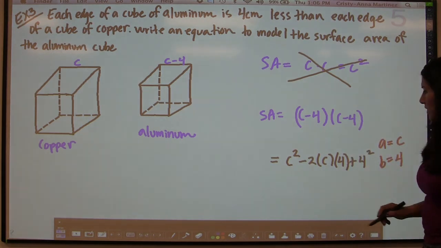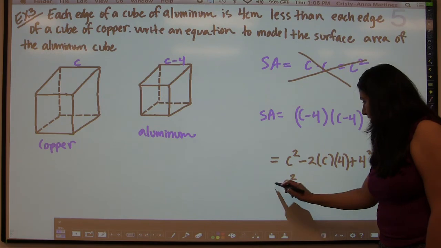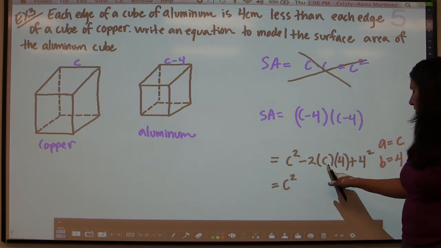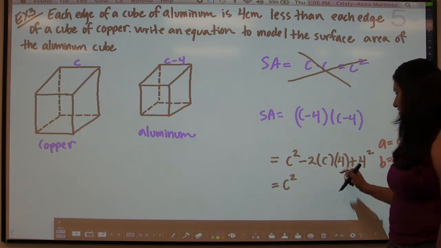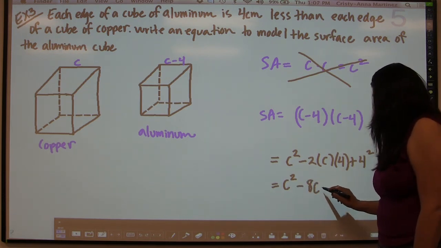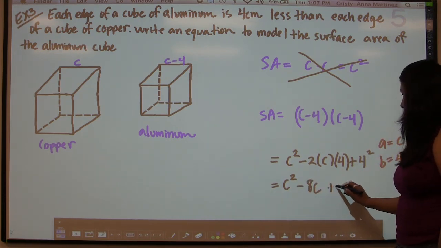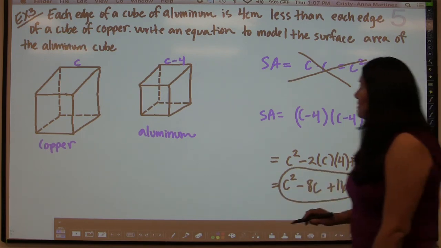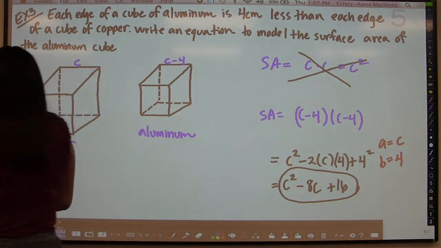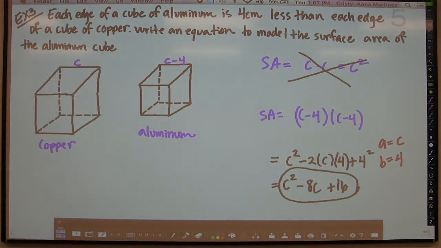So I'm using the formula here, and I'm going to simplify that now. Negative 2 times C is negative 2C, and negative 2C times 4 is negative 8C. And then 4 squared is 16. So the equation that represents the surface area of the aluminum cube turns out to be C squared minus 8C plus 16.